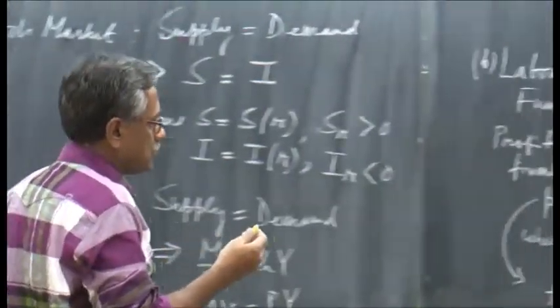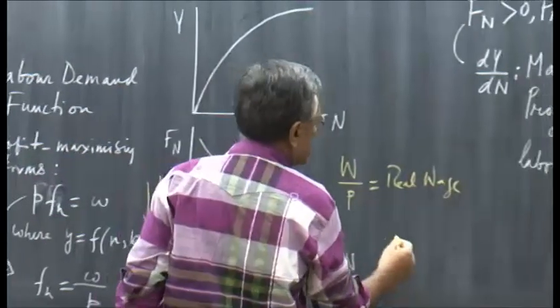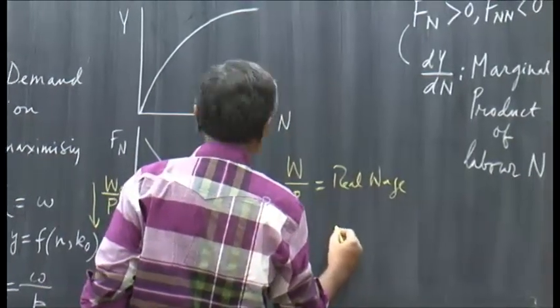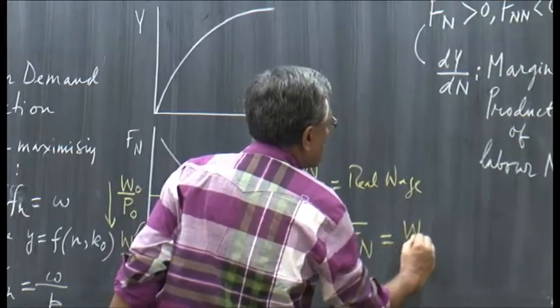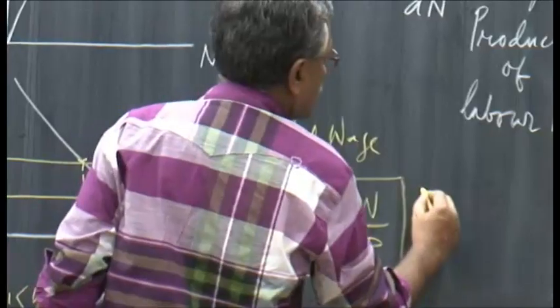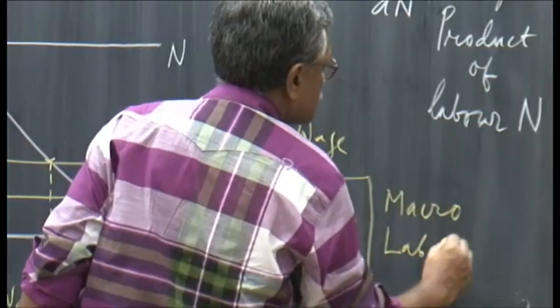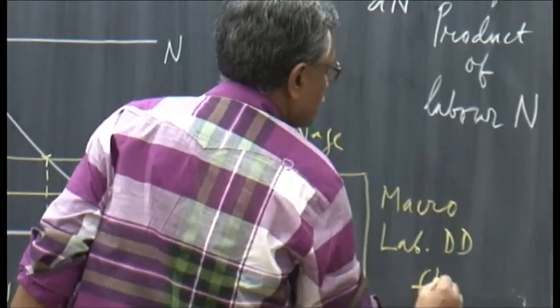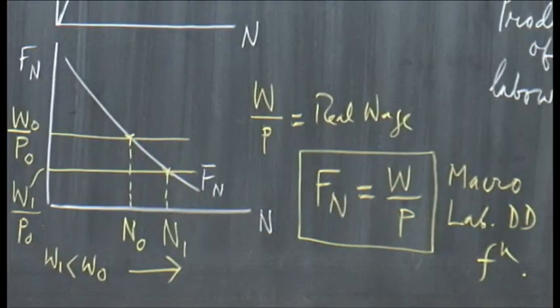So the macro labor demand function is essentially Fn is equal to W over P. This is the macro labor demand function, which I tried to demonstrate with the help of some micro theory.